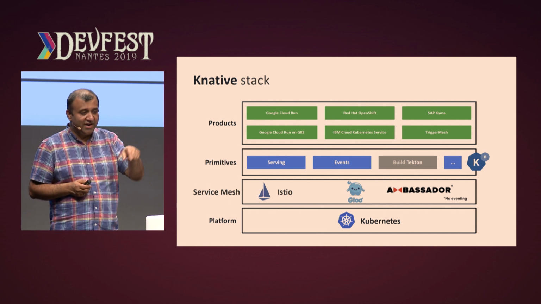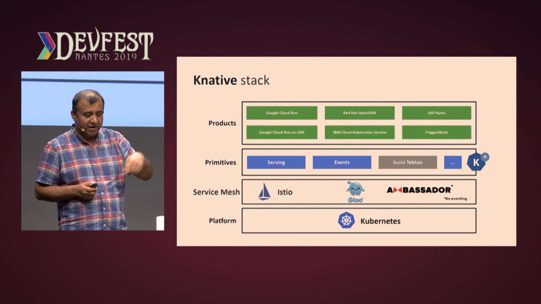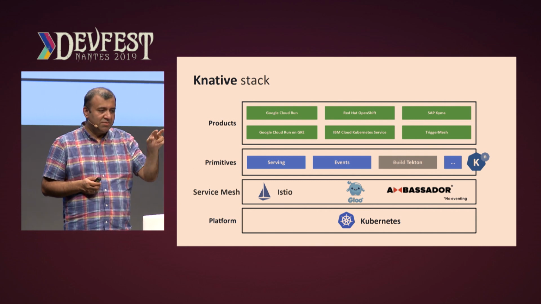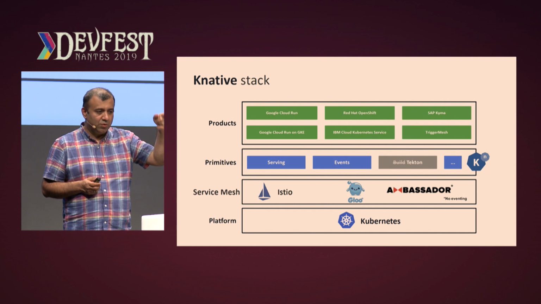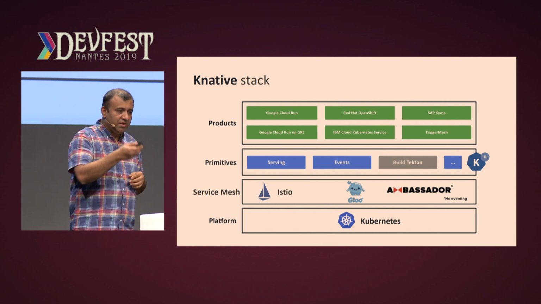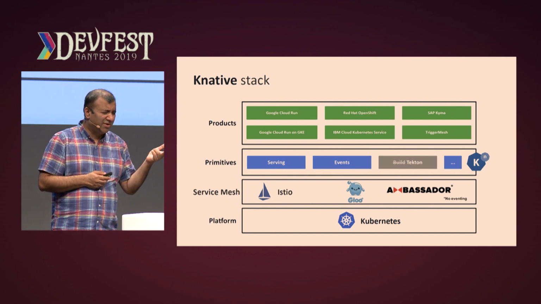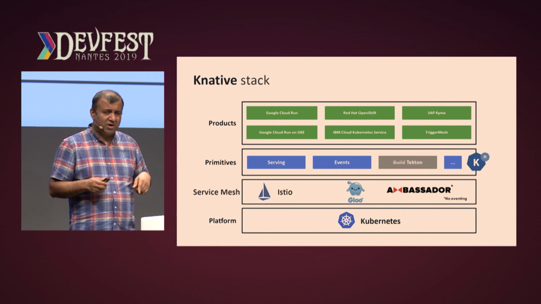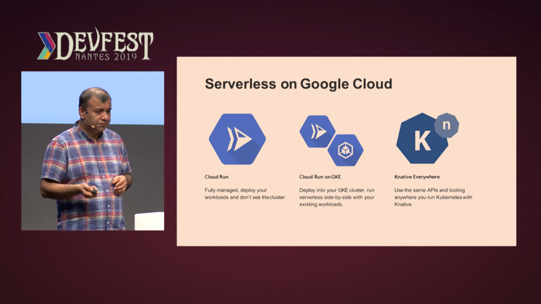That is why I've grayed it out. And then you have several commercial products built on top of that. So like I said, it's a layered stack. If I have time, I'll show Google Cloud Run and Cloud Run on GKE, and I can show how to do a hybrid cloud. And then there is SAP, and I think Red Hat also has one, and there's a product called Riff from Pivotal. There are multiple products built on top of it, but that's the Knative stack.